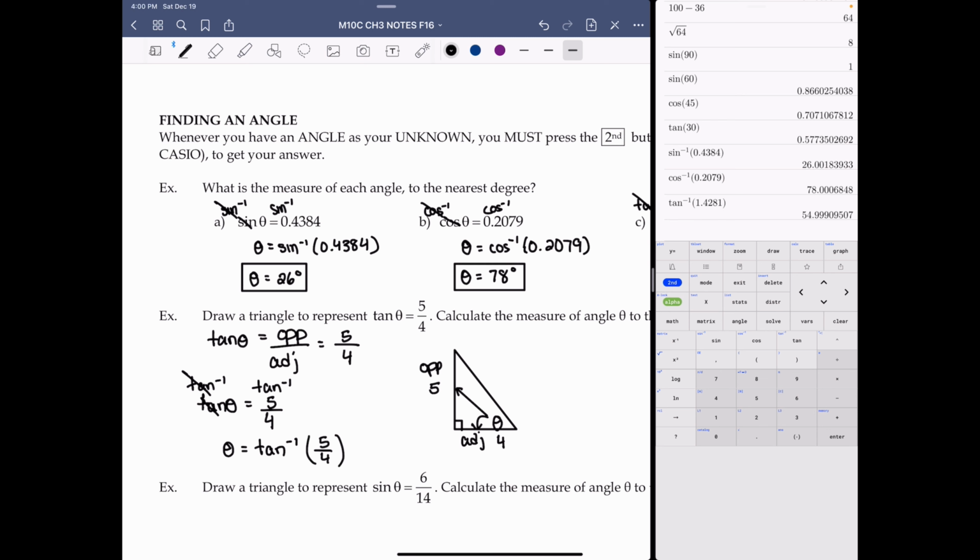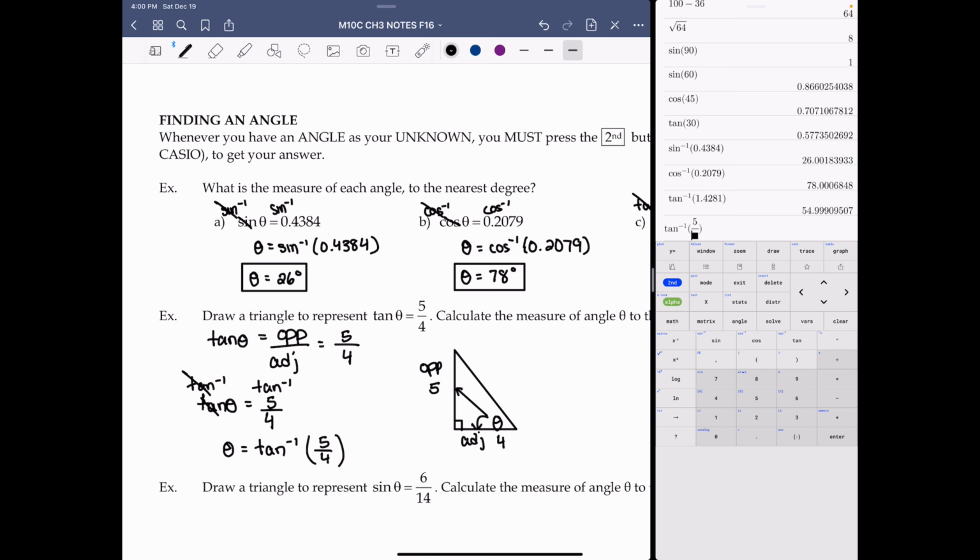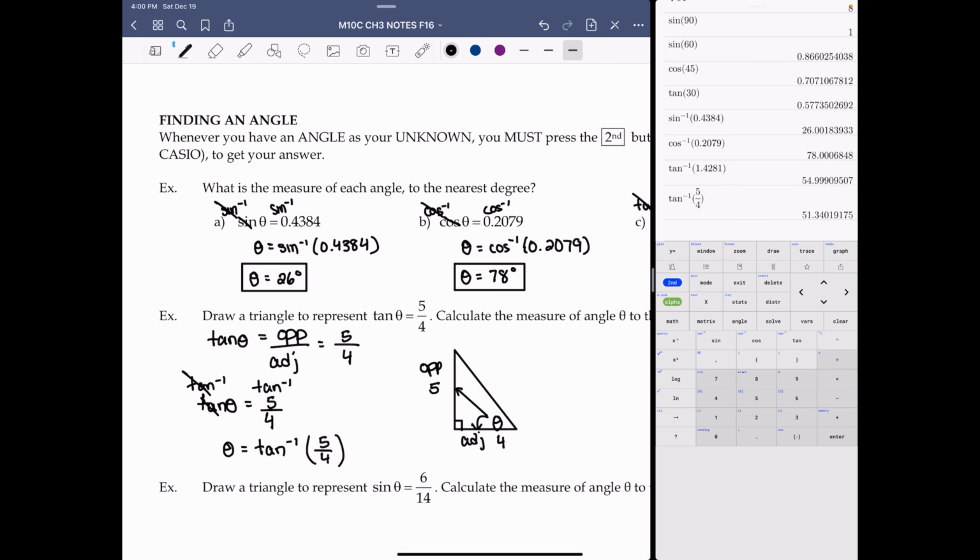And then we calculate second tan brackets, if you don't have them, fraction 5/4. If you don't have a fraction button, just put 5/4 inside the brackets. And we get 51.34, which would be theta equals 51 degrees to the nearest whole number.